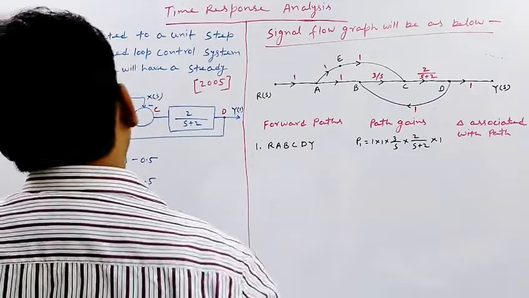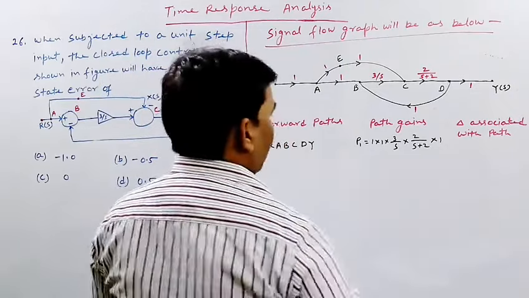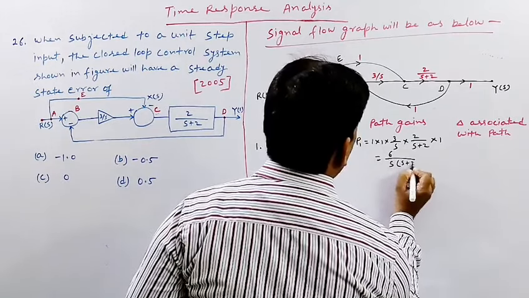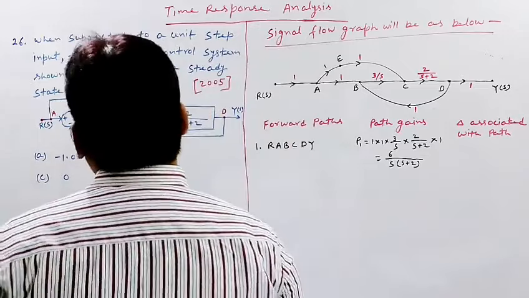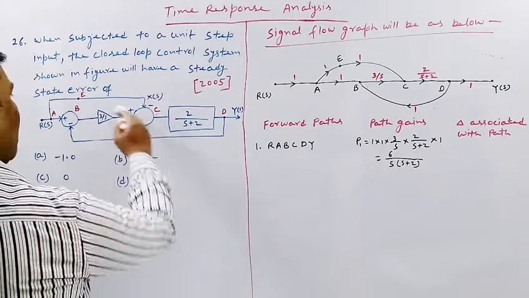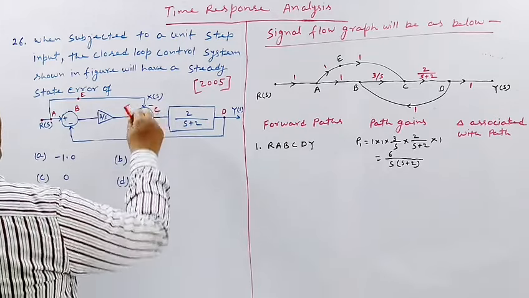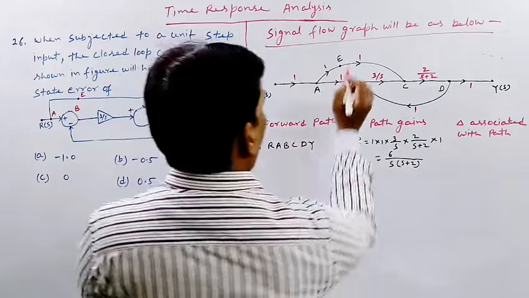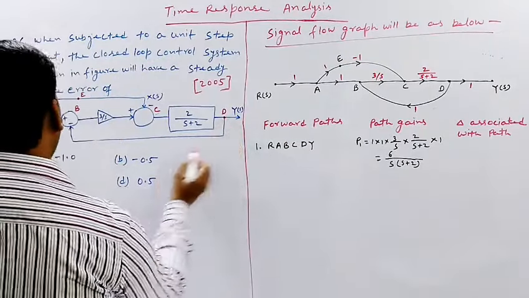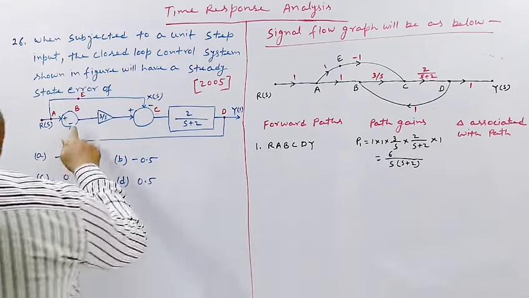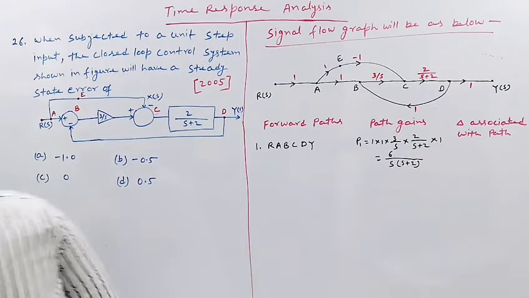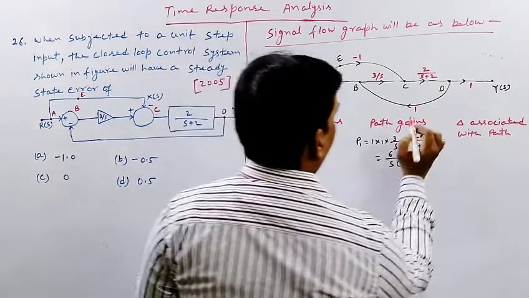So it will be nothing but 6 divided by S into S plus 2. And again, let us denote the path gain between E and C. What is the path gain between E and C? Since it is negative, it will be minus 1. Again here also, since the path between D and A is negative, it will be minus 1.